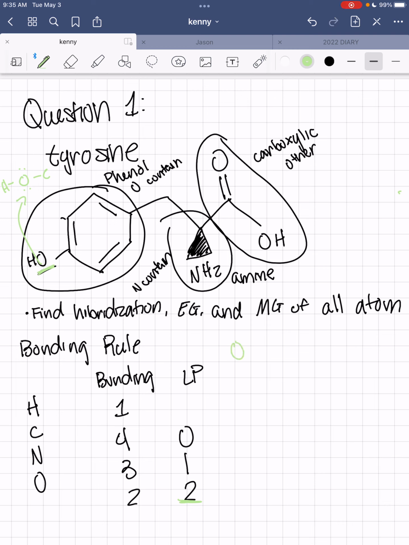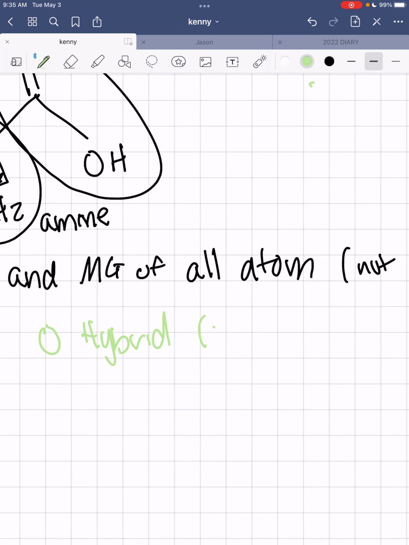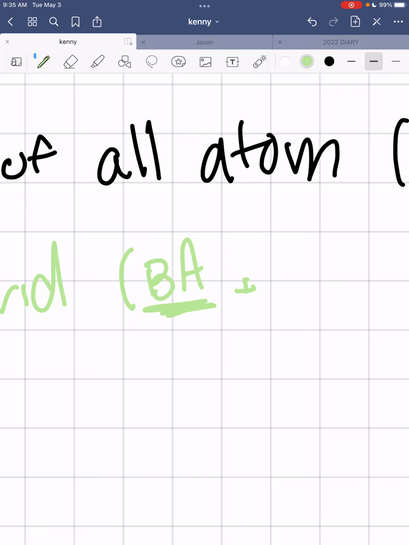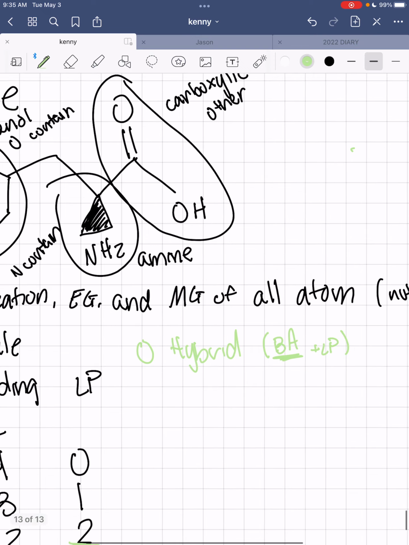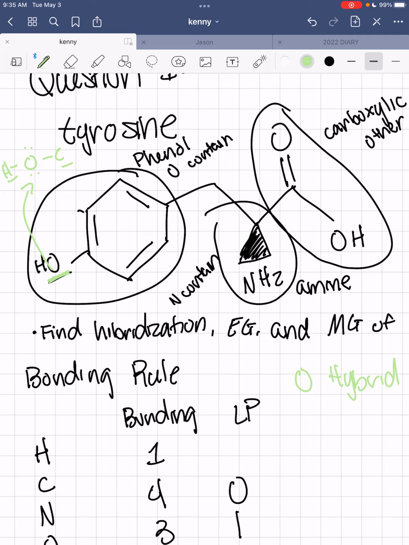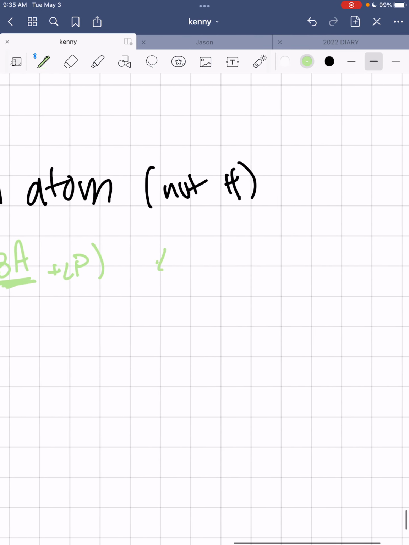For this oxygen, in order to find hybridization, you need to add bonding atoms. Make sure you remember it's bonding atoms, not bonding pairs. If there's a double bond, it still only counts as one bonding atom, plus lone pairs. In this case it's 2 bonding atoms and 2 lone pairs, so 2 plus 2 equals 4.